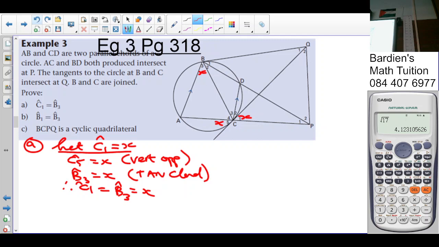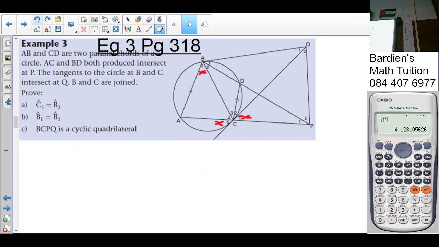Okay? I'm going to take this off because it's on the diagram. B1 is equal to B3. B3 is already X. So if I can prove B1 is X, I've done the job.